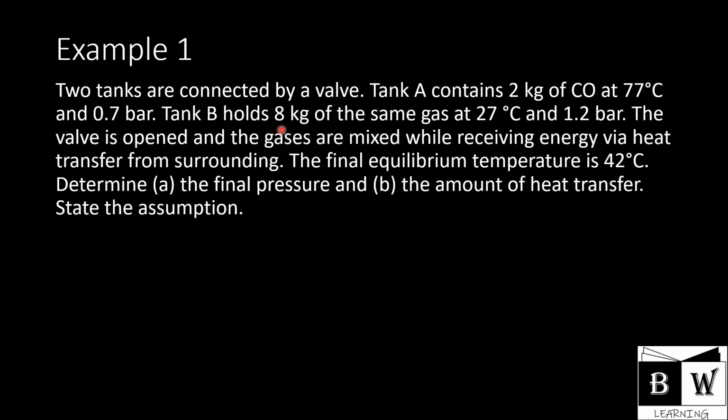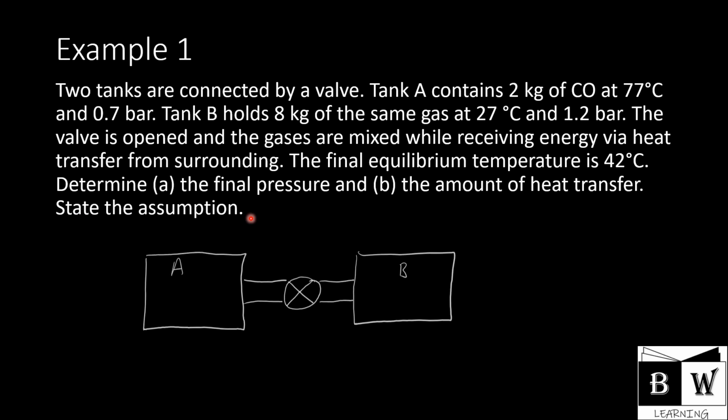Tank B holds the same gas with 8 kg at 27 degrees Celsius and 1.2 bar. When the valve is opened, the gases mix together while receiving energy, which is heat, from the surroundings. You are told to determine the final pressure and the amount of heat transfer, where the final equilibrium temperature is 42 degrees Celsius. And note that assumptions are needed.